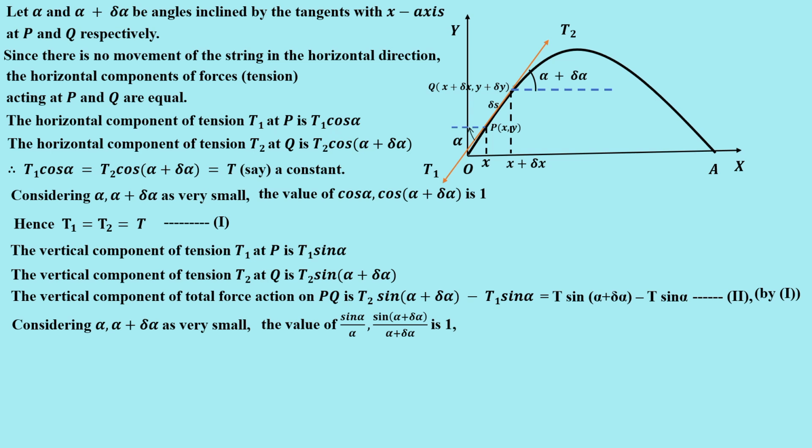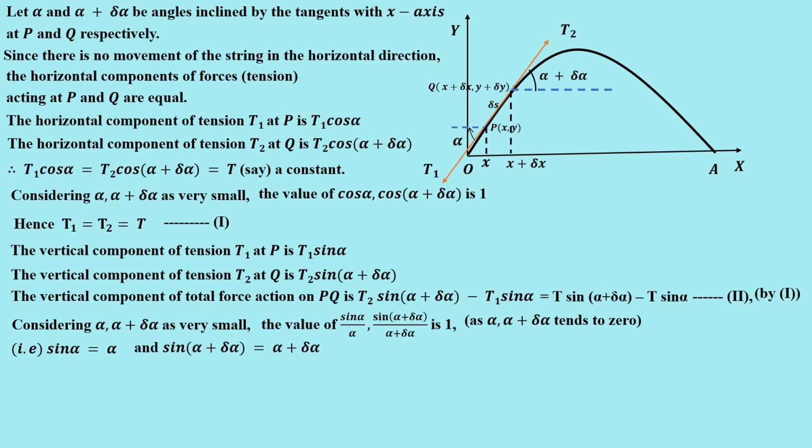Sin alpha by alpha, and sin(alpha plus del alpha) by (alpha plus del alpha), is 1. So sin alpha is equal to alpha, and sin(alpha plus del alpha) is equal to alpha plus del alpha, because sin alpha by alpha is equal to 1; cross multiplying you will get alpha.